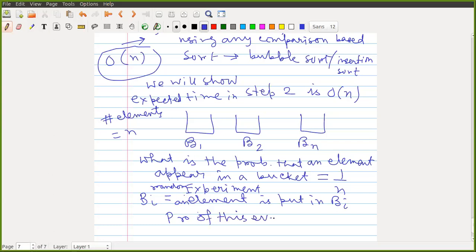Suppose we define a random experiment that an element is put inside bucket bi and we call that a success. All other cases, putting the element outside bucket bi, will be considered a failure. So what is the probability that a particular element will belong to bucket bi?